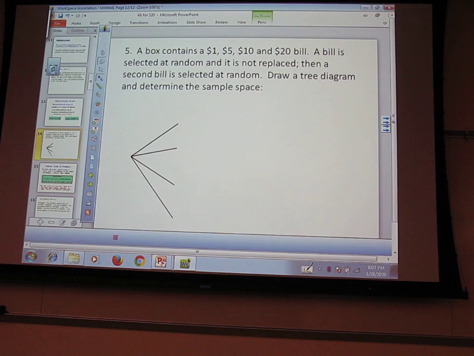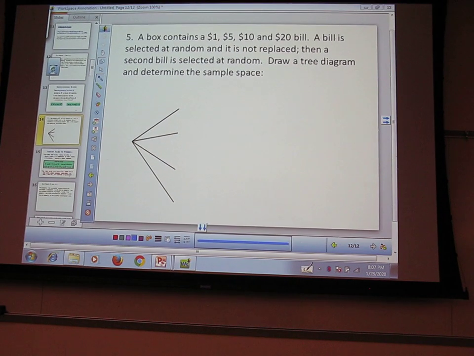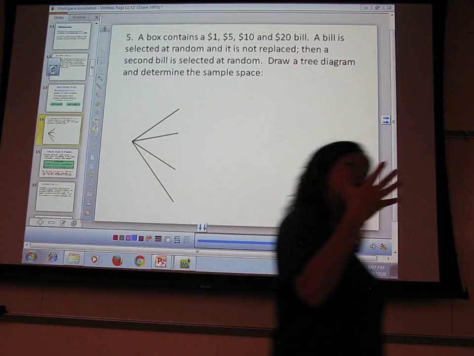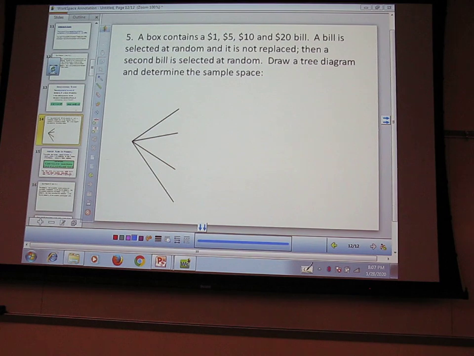Now let's just get a little more practice with trees before we get going. I have a box. In this box is a $1 bill, a $5 bill, a $10 bill, and a $20 bill. It's in a box. I draw one. What could possibly happen? What could I possibly draw? I could draw a 10, I could draw a 1. There's a bunch of options, right?